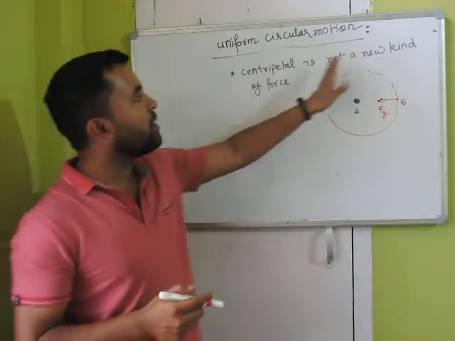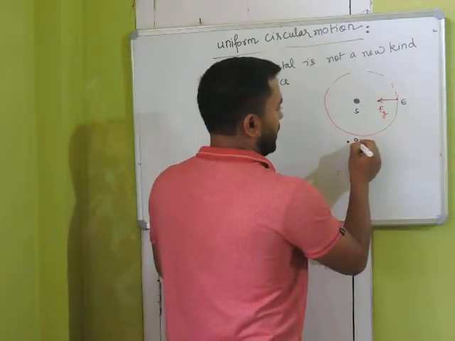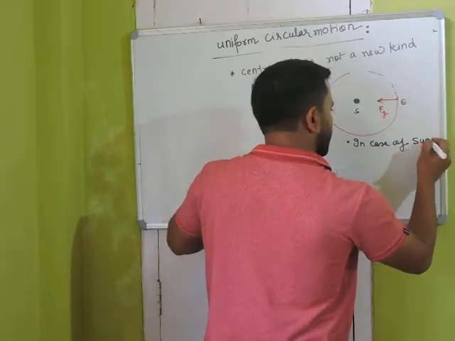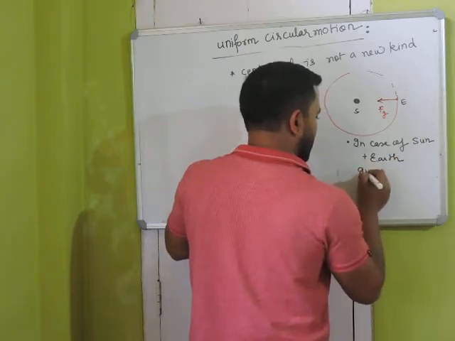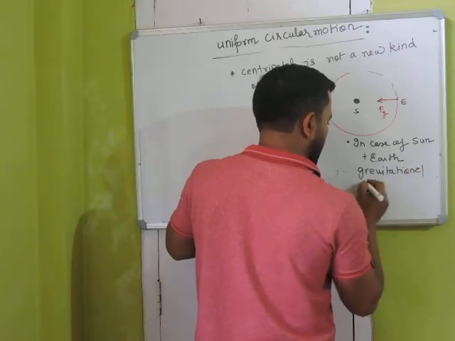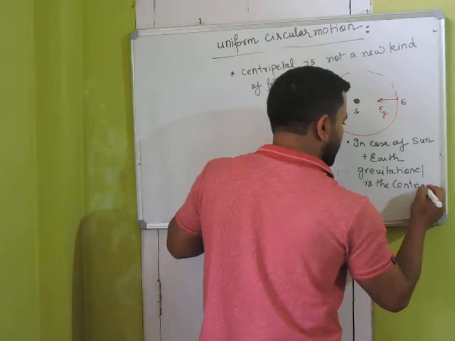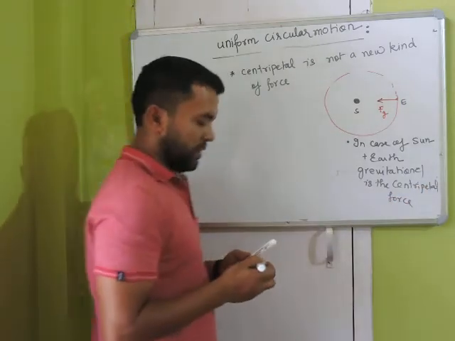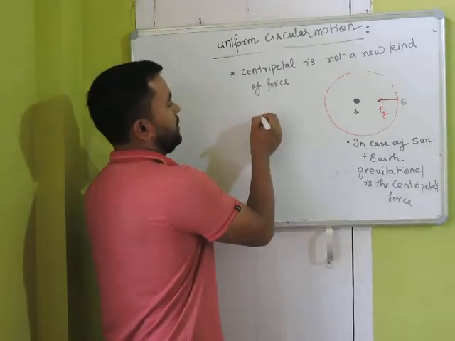Like we said, centripetal force is not a new kind of force. So in case of Sun and Earth, gravitational force is the centripetal force. Now what if I replace this with an atom?